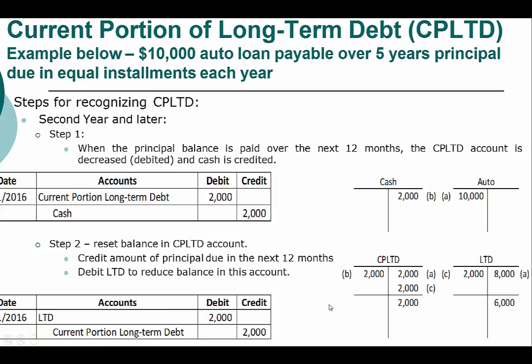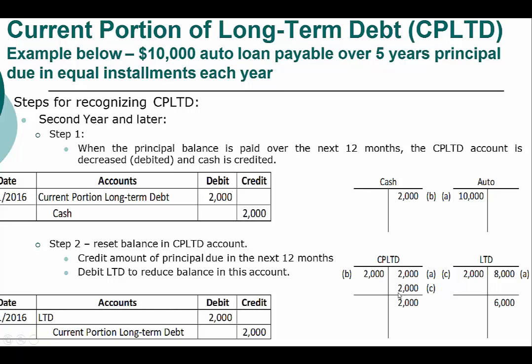When we post, these were our original transactions: the A's are the originals, the auto and the debt. The B's are when we make the payment, so cash comes out and we reduce the current portion long-term debt. At this point we have a balance of 0 in the current portion. To replenish or reset that balance, we do the C: we take the money out of long-term debt and put it into current portion long-term debt.